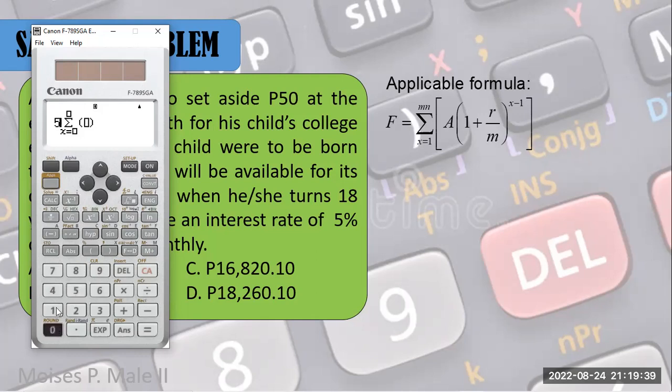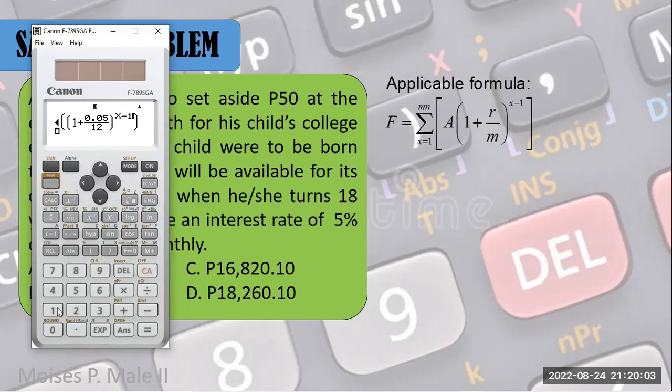50 times the summation of, yan, 1 plus R over M, 5%. So compounded monthly, so therefore 12 per month, per year, raised to FX minus 1.